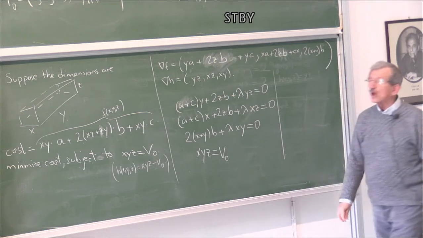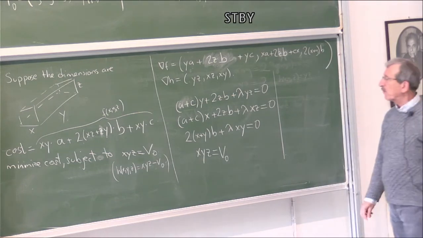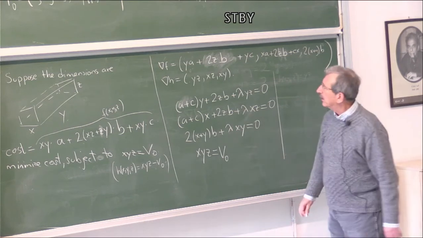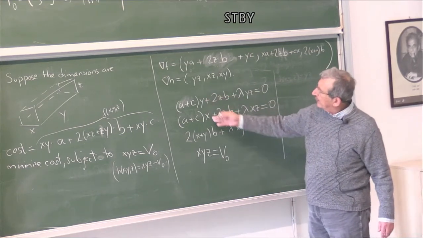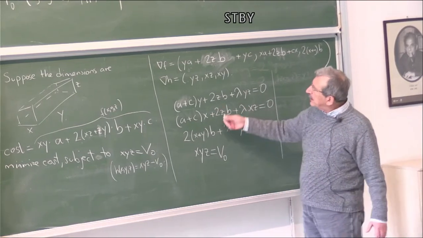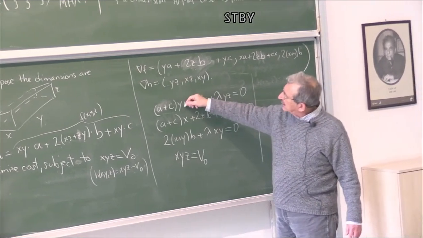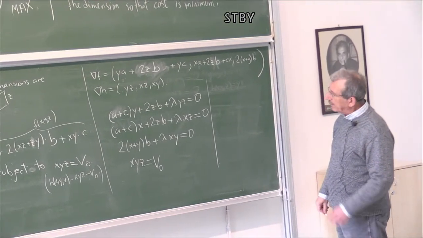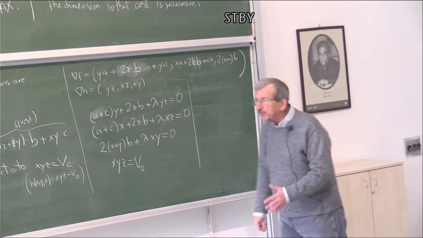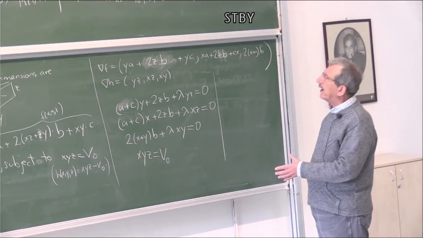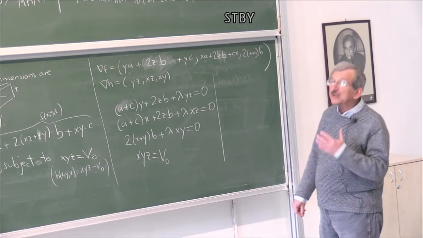Well, we want to solve this system. Of course, for things to cancel each other, here we have y, here x, we have to equate them somehow. That means we have to multiply this with x, this with y. And for this, not to lose information, we want to guarantee that x, y, and z are non-zero.